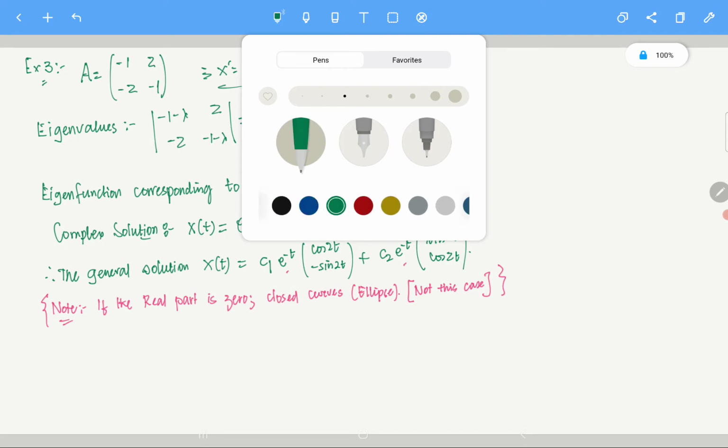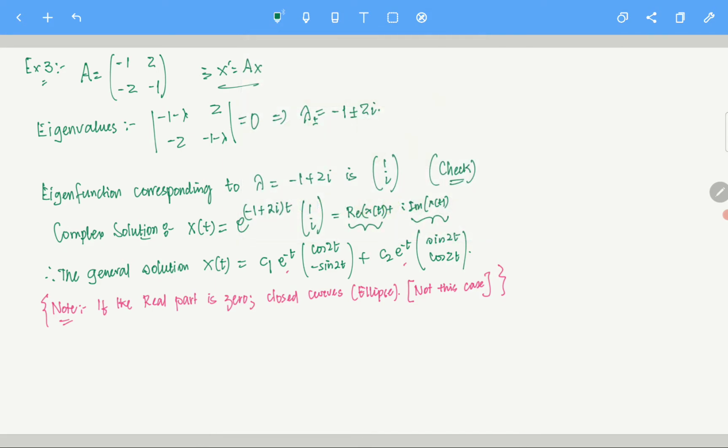Now see what happens here. Forget about e power minus t. You just look at cosine 2t, minus sine 2t, cosine 2t. Let's write it down. x1(t) is c1 times cosine 2t plus c2 times sine 2t, times e power minus t, right?